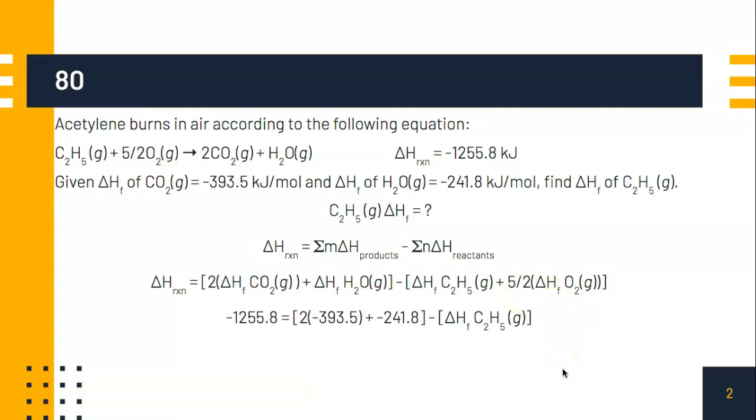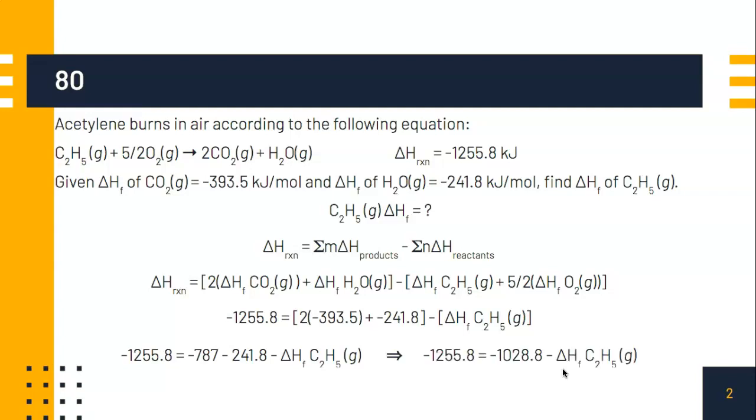Let's start doing some multiplication, some adding. When I multiply out the 2 times negative 393.5, then I get negative 787 minus 241.8, because I'm adding a negative there, and then minus the heat of formation of acetylene.